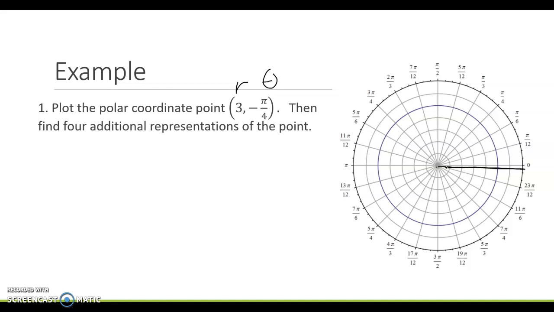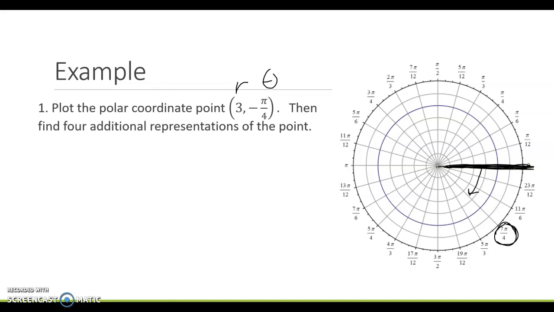So here's my polar axis. Keeping in mind, if you have a negative angle, it's going to go clockwise from the polar axis. So I'm going to move pi over 4 clockwise from the polar axis to get my angle, which is putting me at 7 pi over 4.